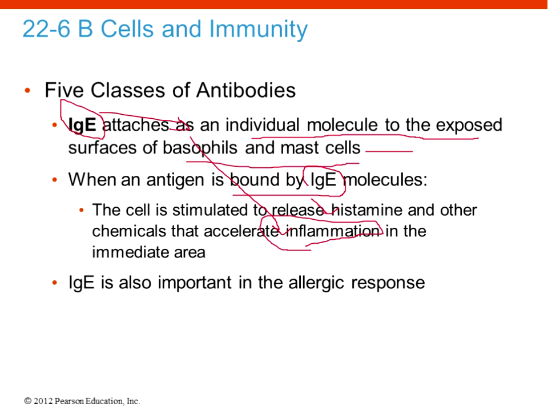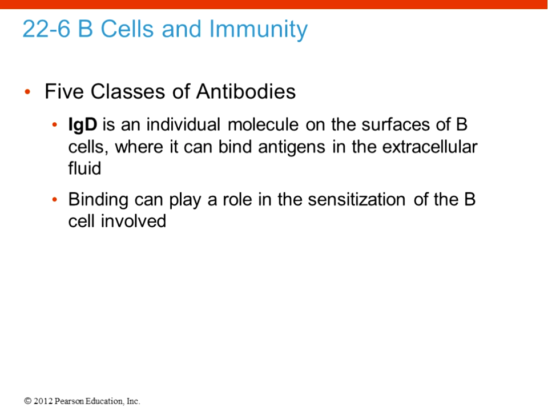Because they're associated with basophils and mast cells, which are part of the inflammatory response, as you guys know. So IgE is going to be present in allergies. We'll talk a little bit about allergies in a little bit, but this is one of the things that can cause hypersensitivity to certain things that enter our system and excessive inflammation. So we'll talk about that in a little bit.